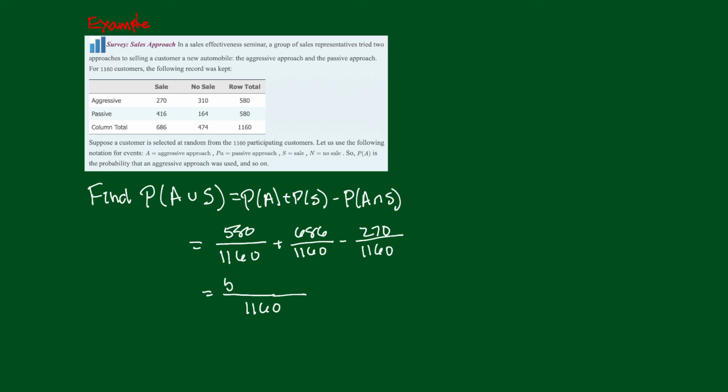So we're going to get the 580 plus 686 minus the 270. All right, and my calculator is showing that I get 996 out of 1160. All right, so I'm going to declare that to be the probability of A or S.